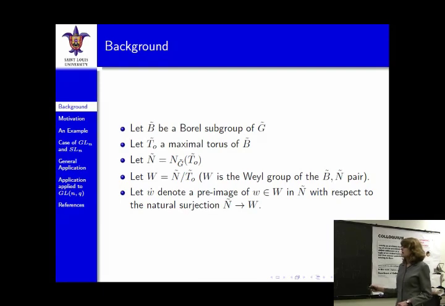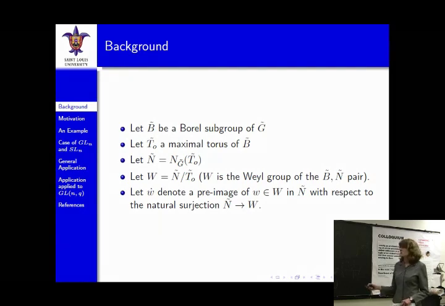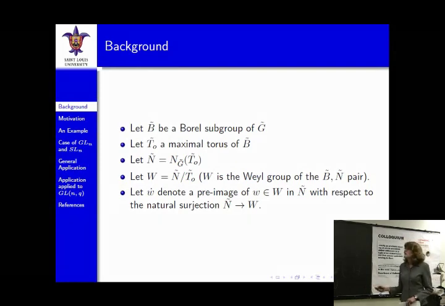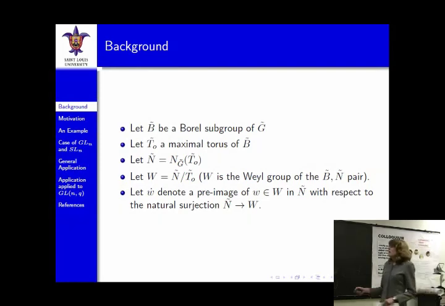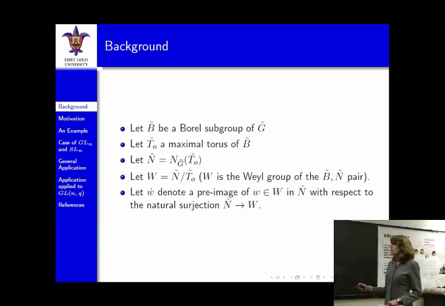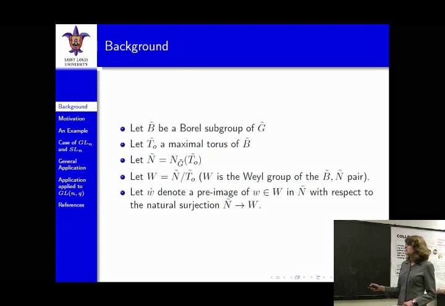And that is a BN pair that forms a Weyl group. So W, by definition, is this quotient group, N tilde mod T tilde. For those of you who know this area a little bit, this is a BN pair, and so we get a Weyl group. W with a dot on it will be a pre-image of an element in the Weyl group, in the normalizer.